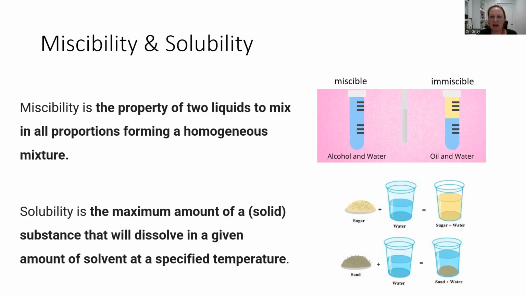And oil is less dense than water, so it would float to the top, right? So again, when we're using the terms miscible and immiscible, we're talking about the ability of two liquids to mix in all proportions. We would define that as miscible, and if they did not mix, immiscible. Solubility is going to be defined as the maximum amount of a substance, in this case a solid substance, that will dissolve in a given amount of water at a specified temperature, right?